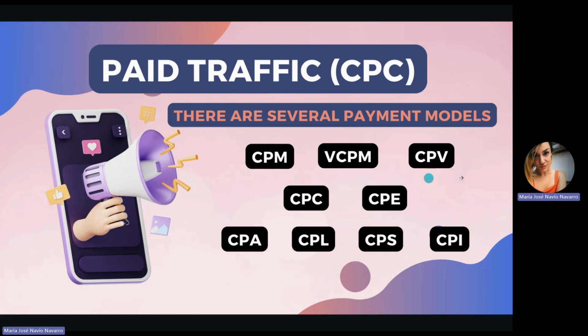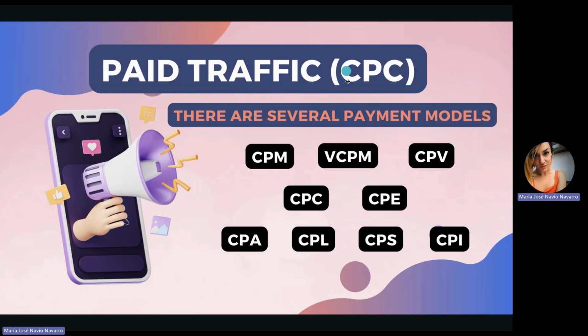Other models are cost per view, cost per mil impressions, viewable cost per mil impressions, cost per click, cost per engagement, cost per acquisition, cost per lead or cost per action, cost per sale and cost per install. This is something that we already know.